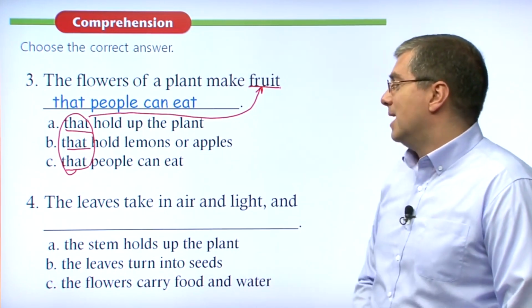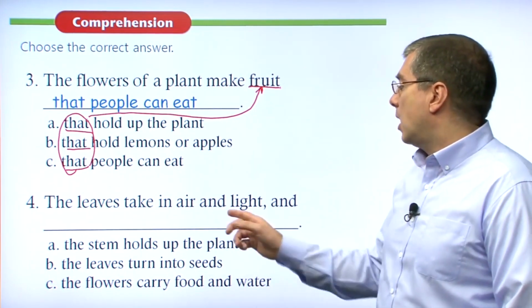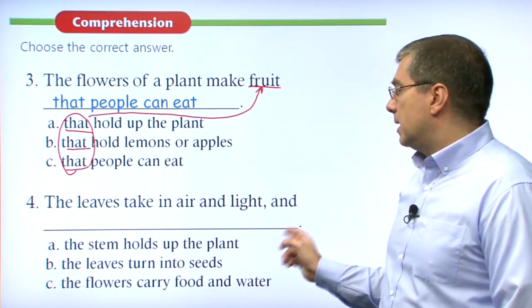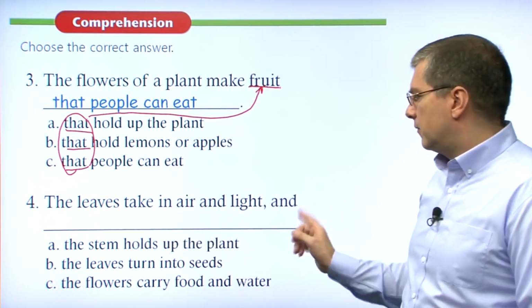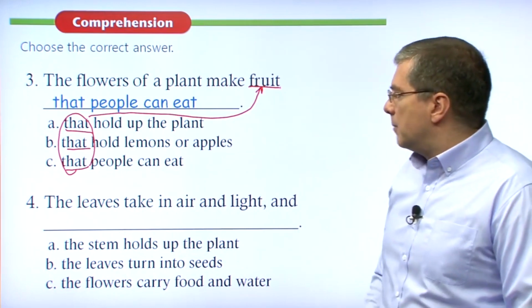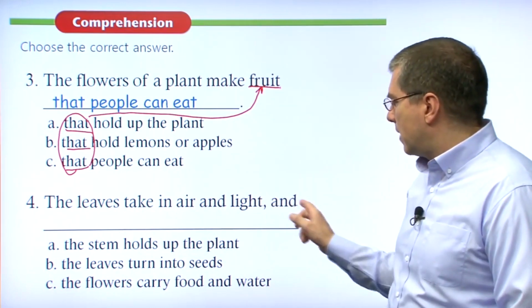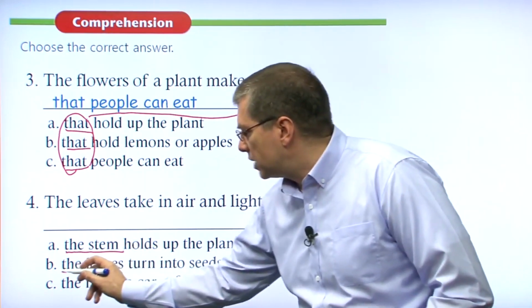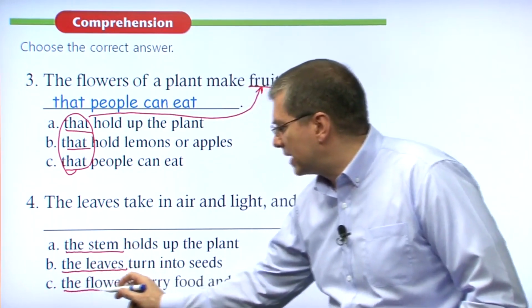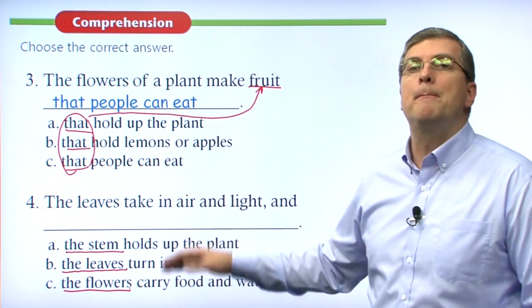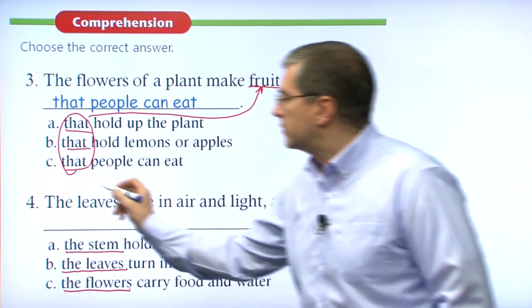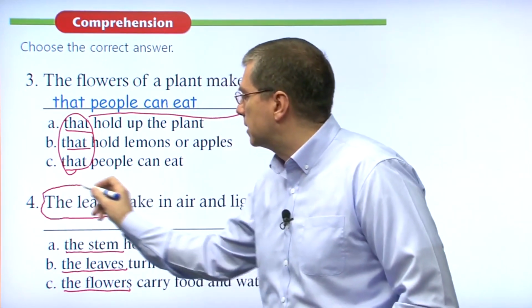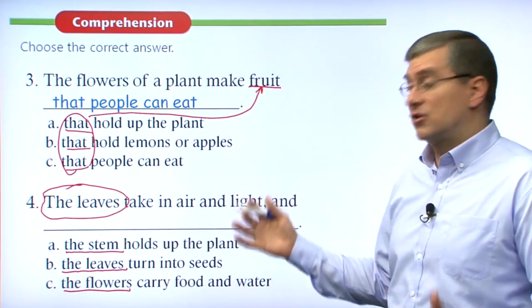Okay, number 4. The leaves take in air and light, and then we have the rest of the sentence. Now, if you look at the rest of the sentence, be careful because we have a comma here, we have an and, and we have different subjects for the rest of the sentence. This is actually a compound sentence. The leaves take in air and light. That's true.